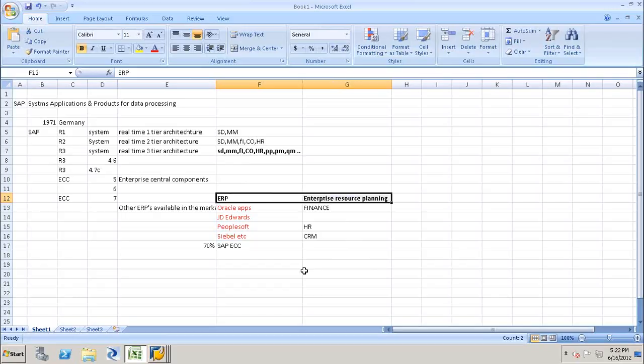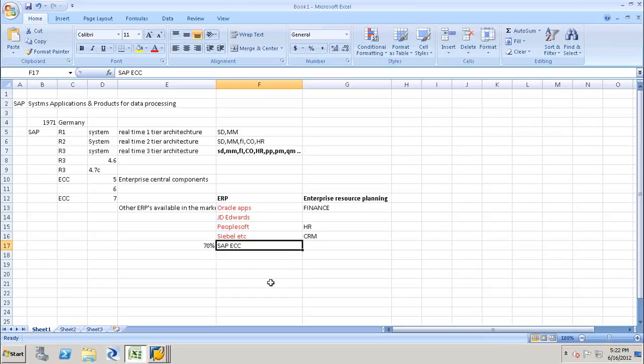So that's why the current ERP market, 70%, has been captured by SAP ECC, because every customer who wants an ERP, their main objective is to automate their business process successfully. That automation of n number of business processes can be done only by the SAP ECC system.